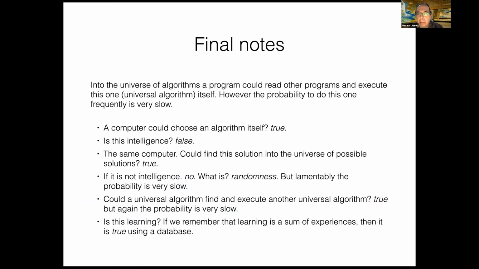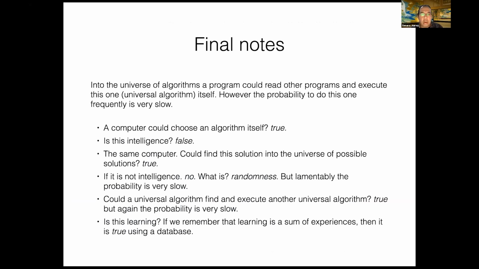What do we conclude? Well, given the experience of working with the robots and cellular automata rules, we can specify some sentences. First, could a computer choose an algorithm itself?